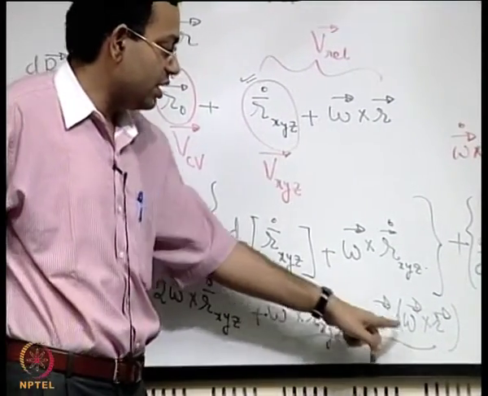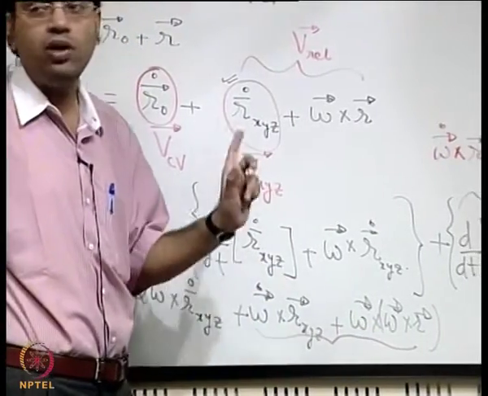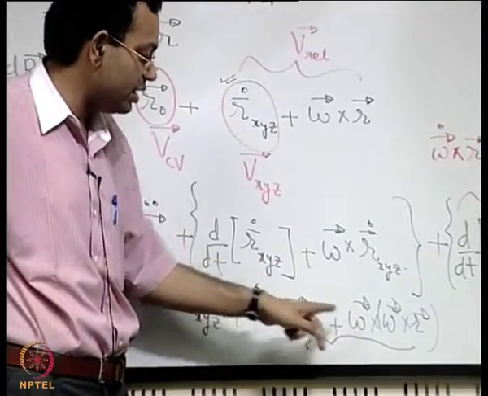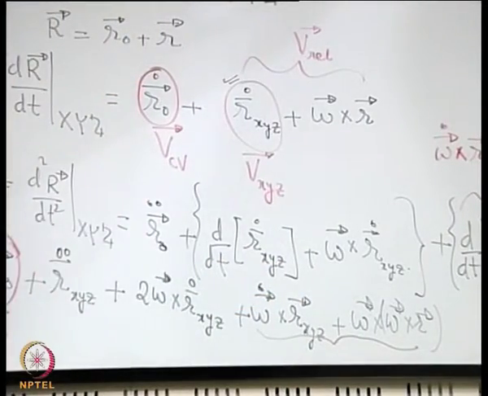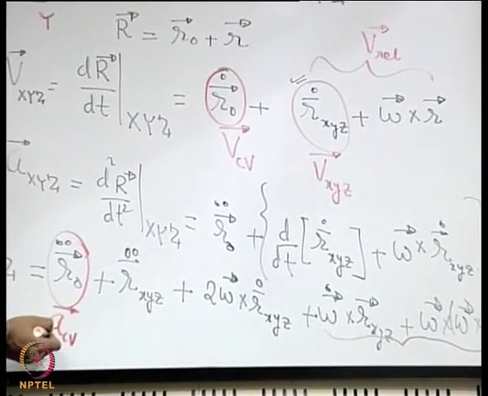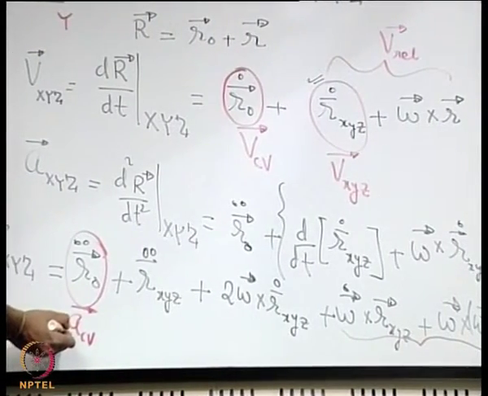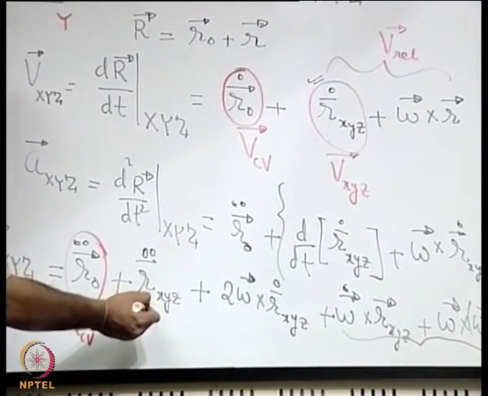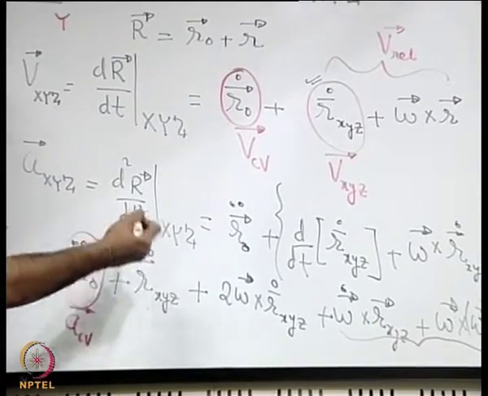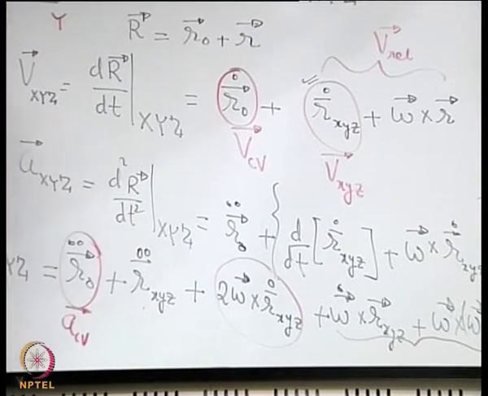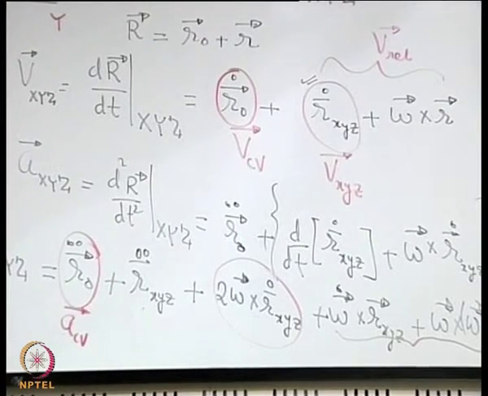So, these are direct consequences of the angular motion of the control volume. This is because of the linear acceleration of the particle relative to the control volume, and this is a combination of the linear and angular motion effect.